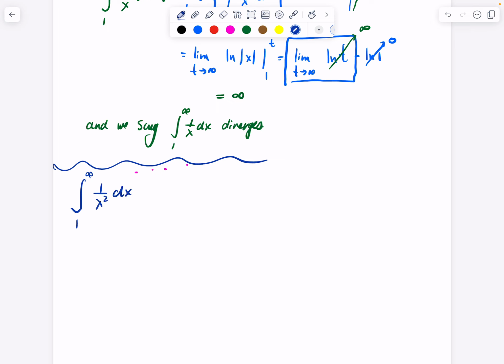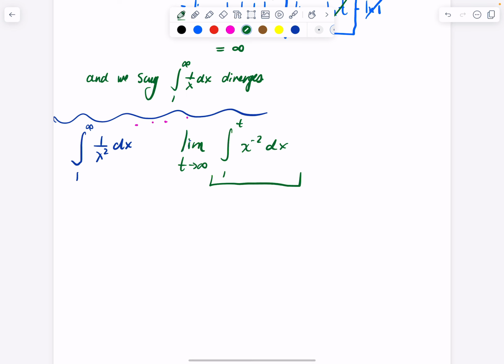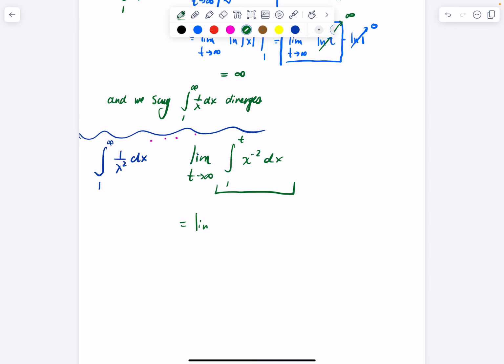Again, we're going to look at the limit, not going to equate them. The limit as t goes to infinity of the integral from 1 to t, I'm going to write this as x to the negative 2 dx. We evaluate this integral, which is just a definite integral, applying the power rule. This is equal to the limit as t goes to infinity of x to the negative 1 over negative 1 from 1 to t.